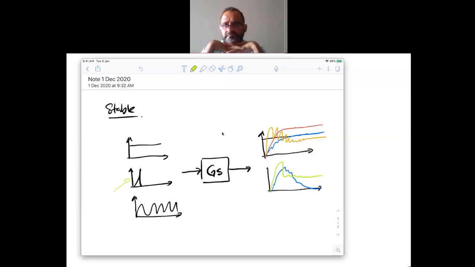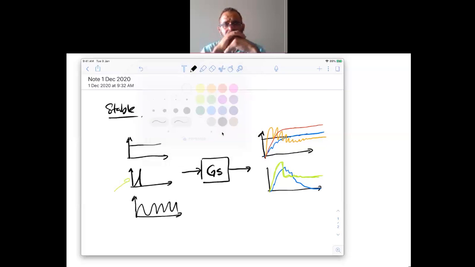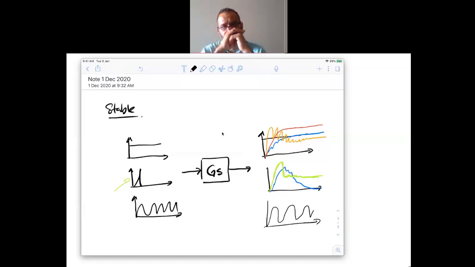But let's say it goes up, but then it never stops, it settles at a certain value, that is still considered stable. Why? Because it doesn't increase. It stopped at a certain value. Similarly with sinusoidal, if I have a sinusoidal signal, of course I want the signal to behave the way my input is given to the system, isn't it?